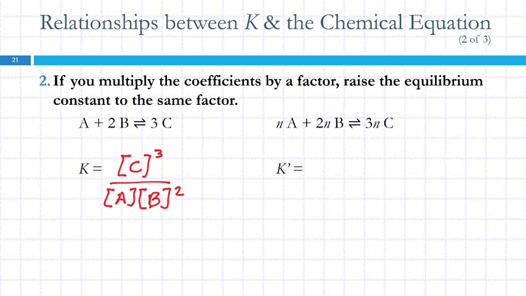Over here, it's a little bit different. These have been multiplied by a factor n. So we've got C, and the coefficient is 3 times n, and n is just going to be some integer. Down here we have A to the n, A, and B to the 2n.